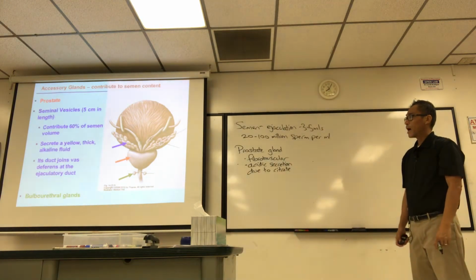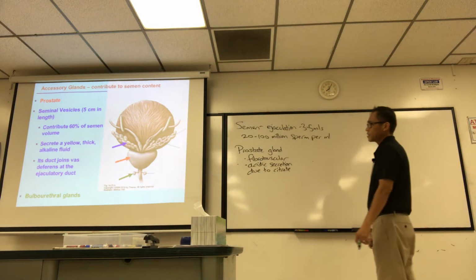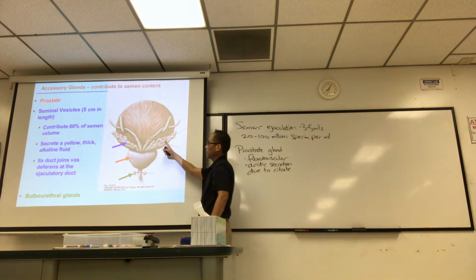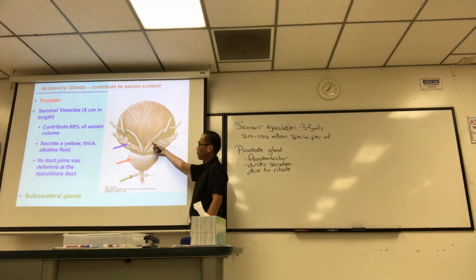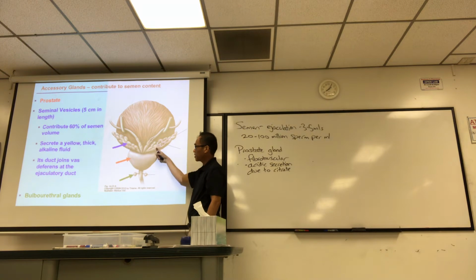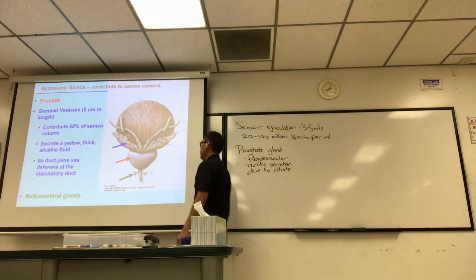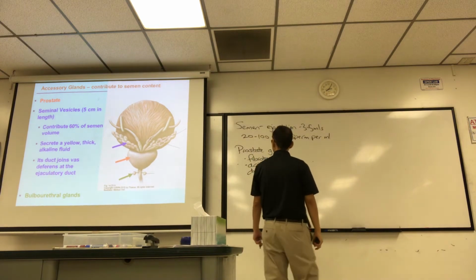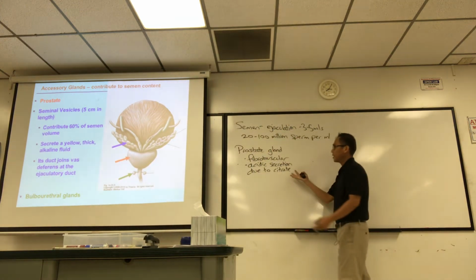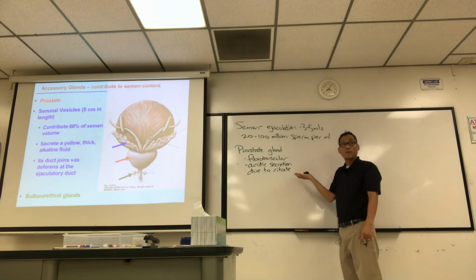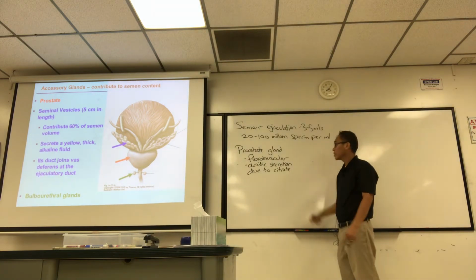All right, so after that you have the seminal vesicle. They're located next to the ampulla of the vas deferens, so don't confuse the seminal vesicle with the ampulla of the ductus deferens, because they are close, and they're going to share that ejaculatory duct. I should mention that the prostate gland secretes into the prostatic urethra. Makes sense to me.